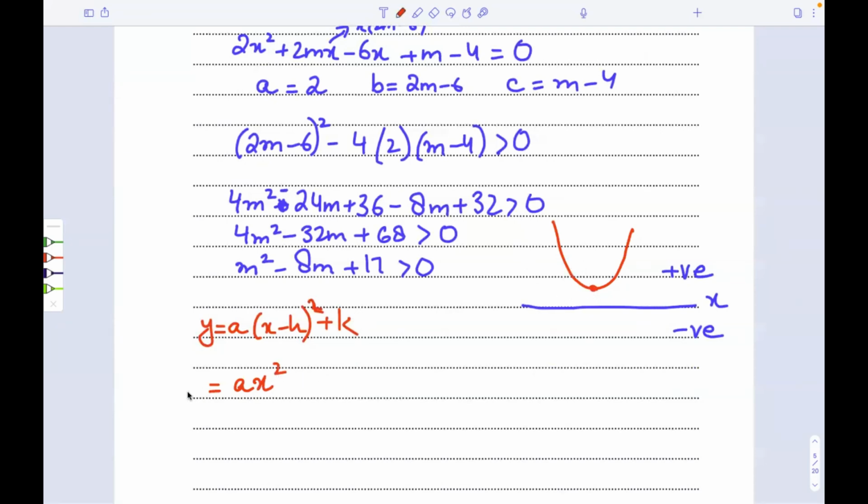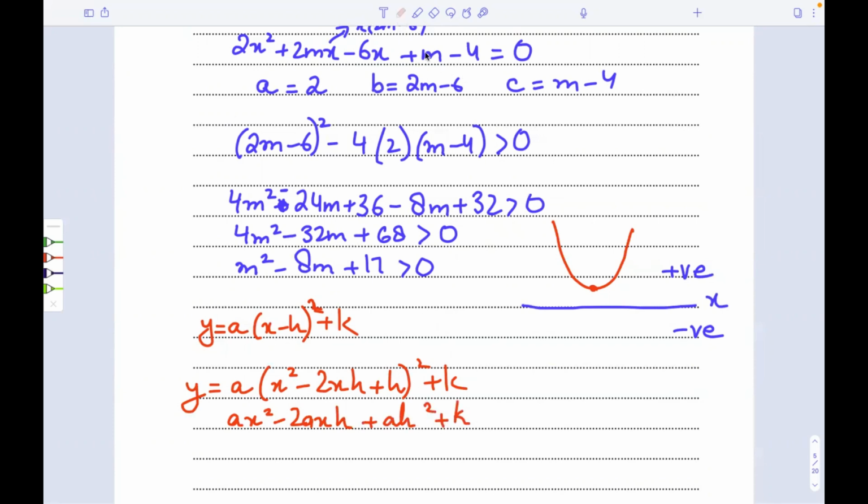So first of all, we can just expand the bracket. We get a multiplied by x squared minus 2xh plus h squared, plus k, which will become ax squared minus 2axh plus ah squared plus k.